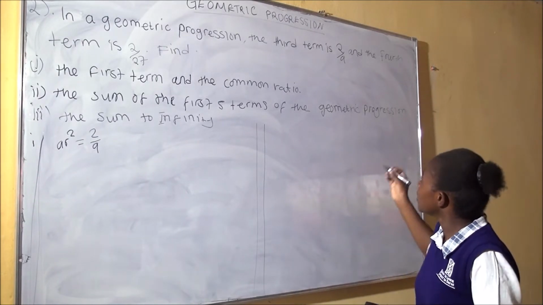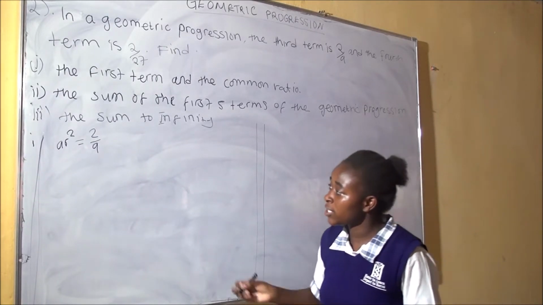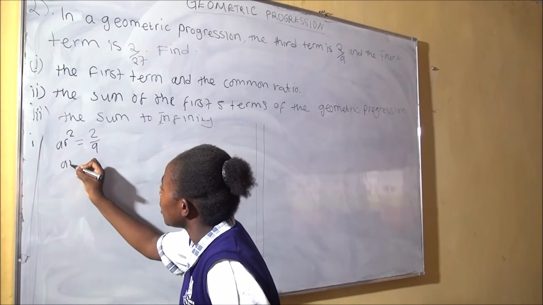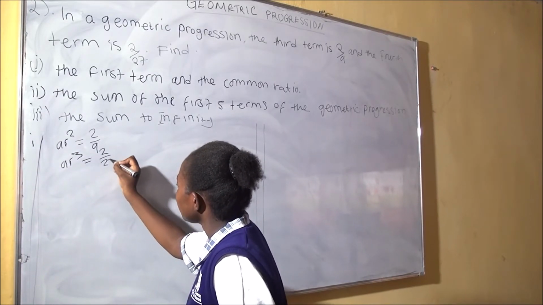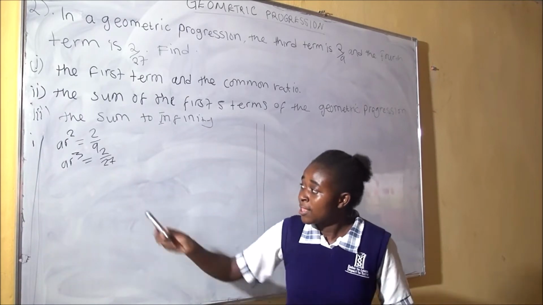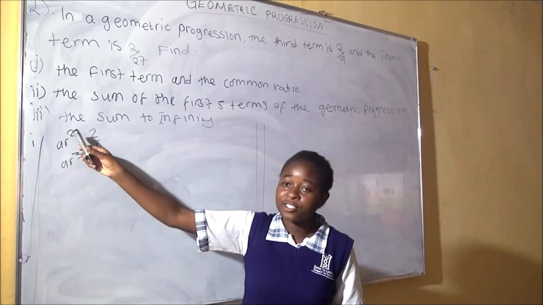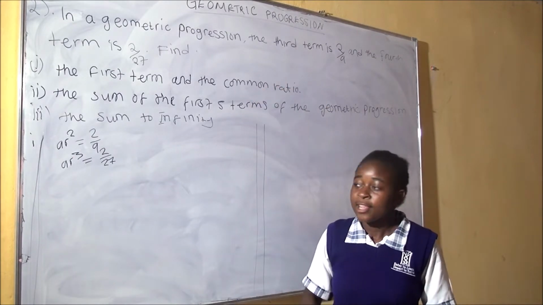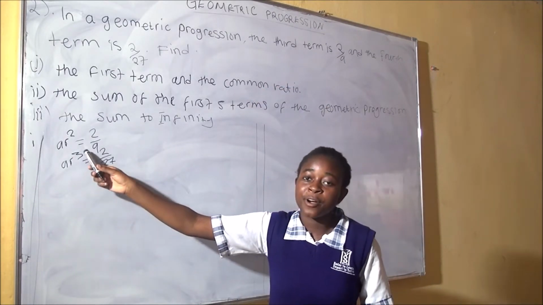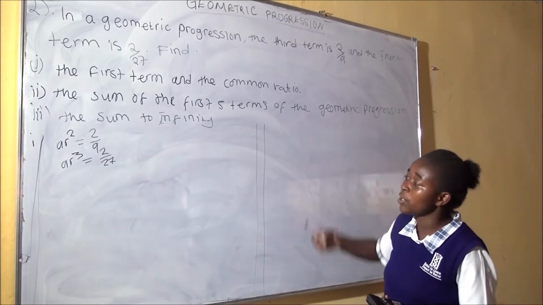Then we have the fourth term, which is a r to the power 3. So a r to the power 2 is the same as the third term, and a r to the power 3 is the same as the fourth term.